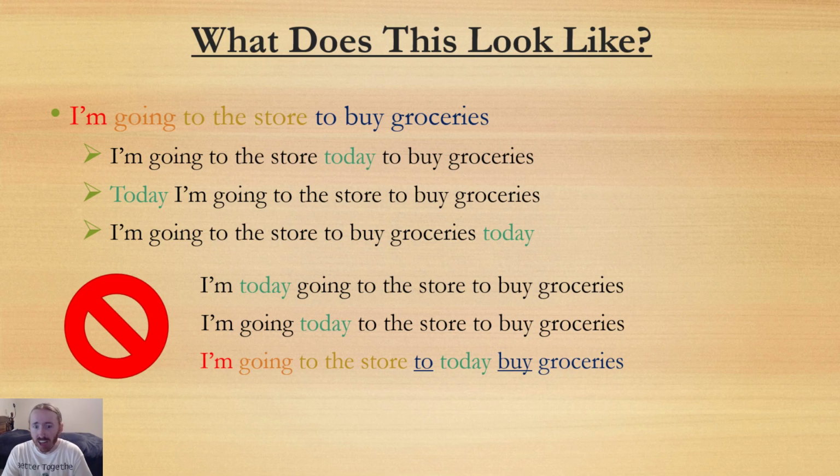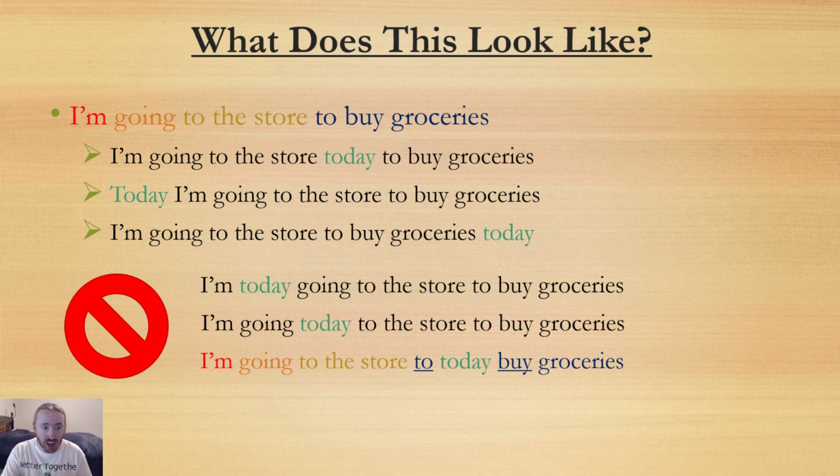And so it doesn't totally make sense. And actually, just to say, my first example here of I'm today going to the store, remember that I'm is the contraction for I am. So the verb is am going. Therefore, in this situation, you technically, again, have split an infinitive with today.